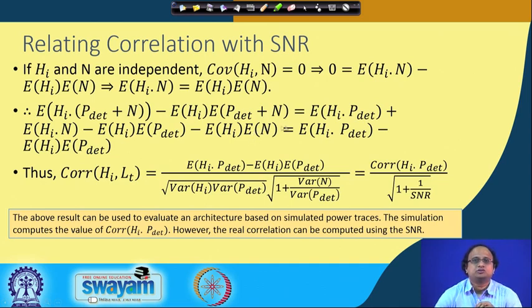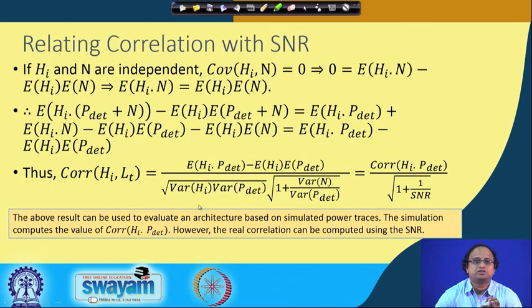And if I assume this particular relationship, that E of Hi comma N is equal to E of Hi into E of N, then there is a cancelling that I can do here, and therefore I get E of Hi into P deterministic minus E of Hi into E of P deterministic.